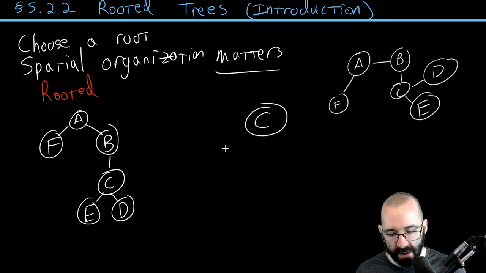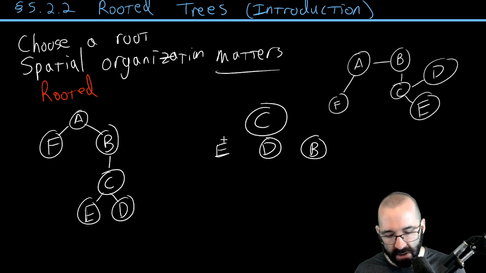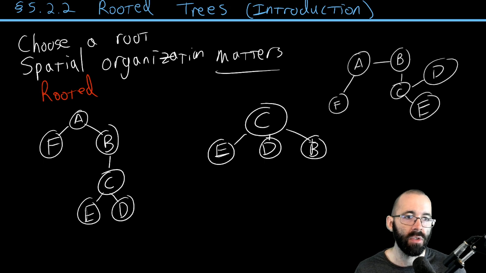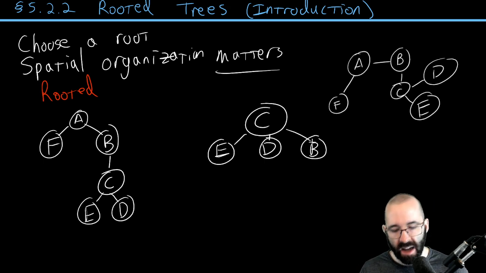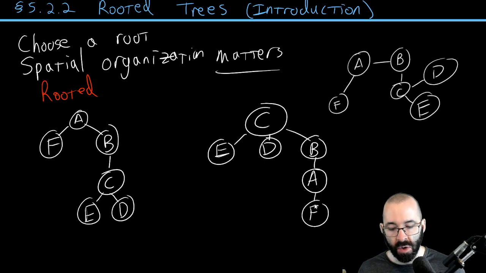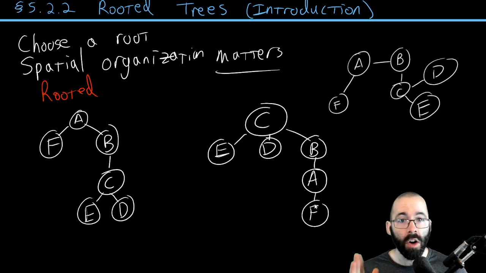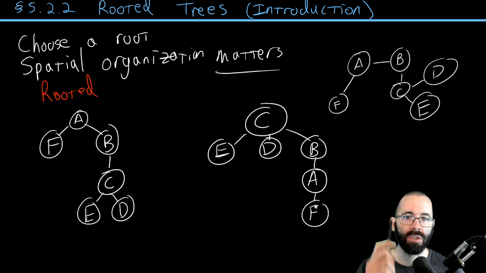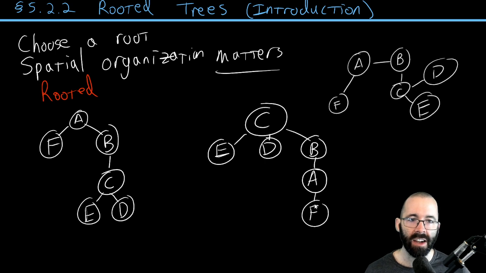E, D, and B. Again, it doesn't matter left, middle, or right for general rooted trees. Then B has A hanging from it, and A has F hanging from it. Graphically, all three of these trees are the exact same tree, but from a rooted tree's perspective, they are not. Hopefully I graphed these right, but looking over them, they look pretty good.